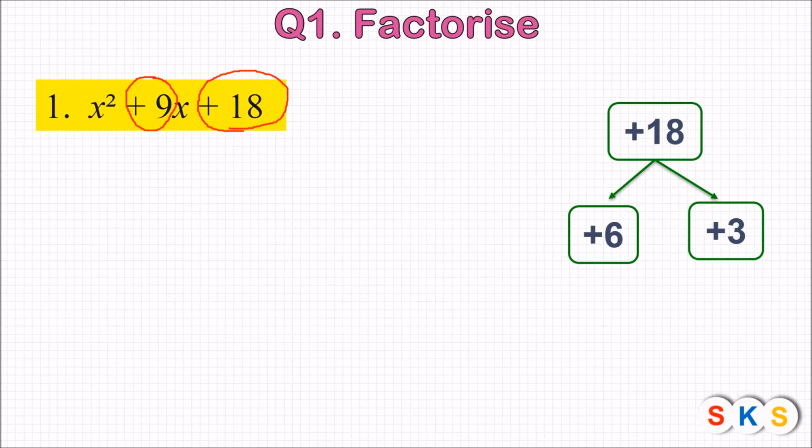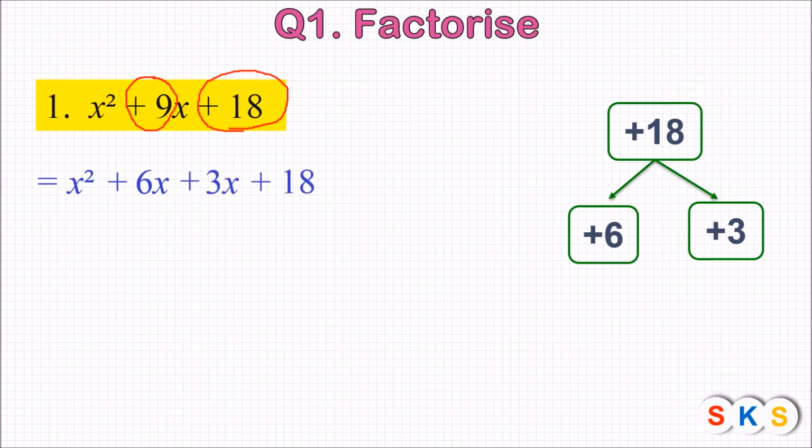So I am going to split the middle term. What is the middle term over here? Plus 9x. I can split the middle term plus 9x as plus 6x and plus 3x. So I'm splitting the middle term as 6x plus 3x plus 18.